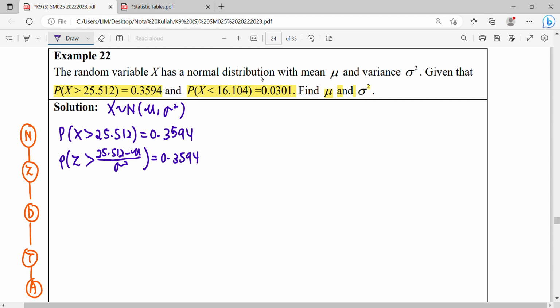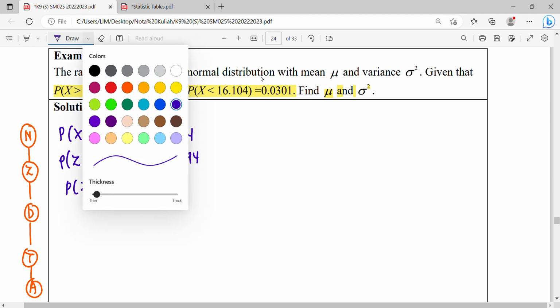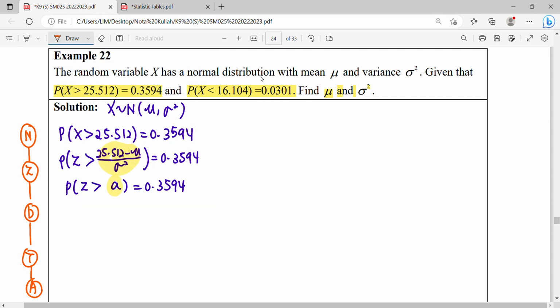So instead of writing it so complicated, I consider this value as a constant A, so it's easier to write and easier to draw. So where is its region? When you want to draw this, you have to guess the location of this z-score.